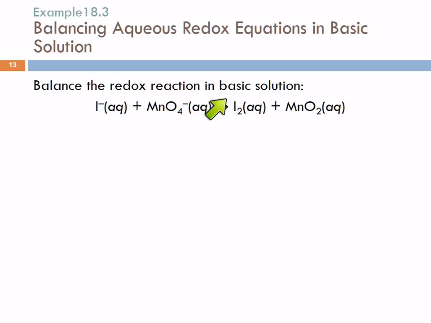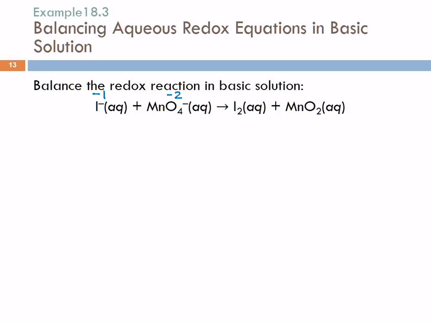Balance this one in basic solution. So we'll go through all these same steps. First, oxidation numbers. What's the oxidation state for iodide? -1. In permanganate ion, what does the oxygen get to be? -2.